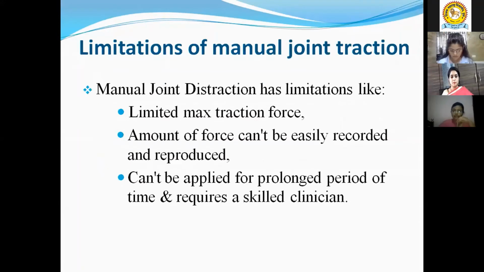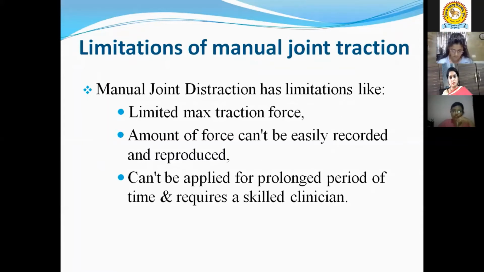Now we'll see what the limitations of manual joint traction are. Usually you might have seen manual joint traction used for mobilization purposes, as well as in the knee joint. But it has some limitations. Limitations like limited maximum traction force. So we cannot apply the traction force which is exactly required.